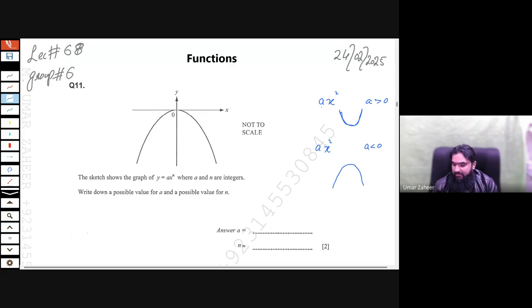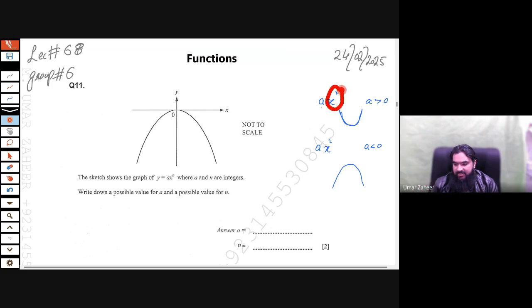So look here, this graph is upside down. This means that this is a graph of x squared and the coefficient of x squared must be a negative value. Is it clear? Always remember, you have x squared, it can be plus bx plus c and other terms as well. But the shape of the graph depends upon the coefficient of x squared.